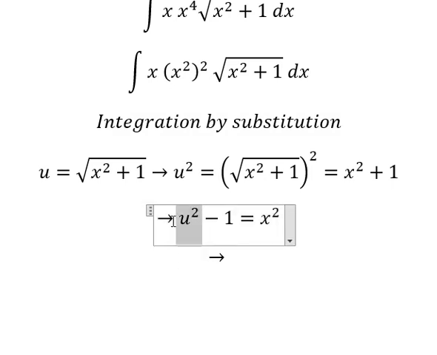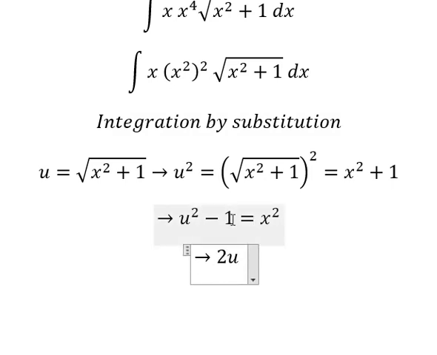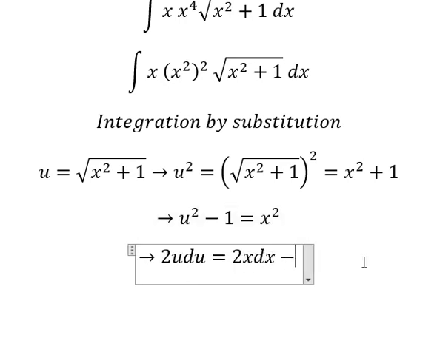First, the derivative of u squared, we have 2u. This one is a constant, so you get 0. This one we have 2x dx. Because we don't have number 2, we divide both sides by number 2.